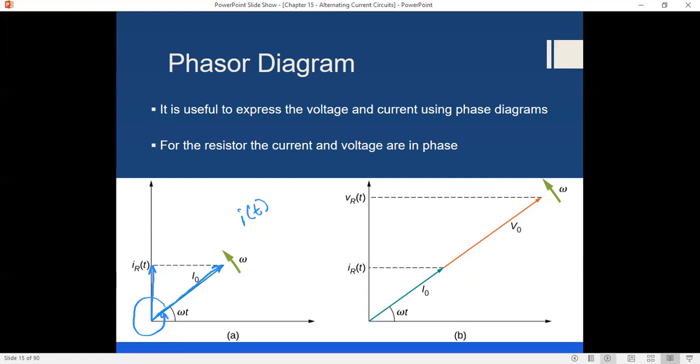When the vector is down here, IR is 0. When the vector is here, IR is equal to max, it's equal to I0. So try to animate this in your mind, that this vector is going around. This vector is always the same length, but it's spinning around in space.